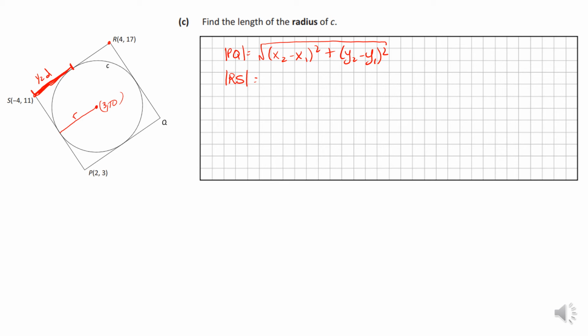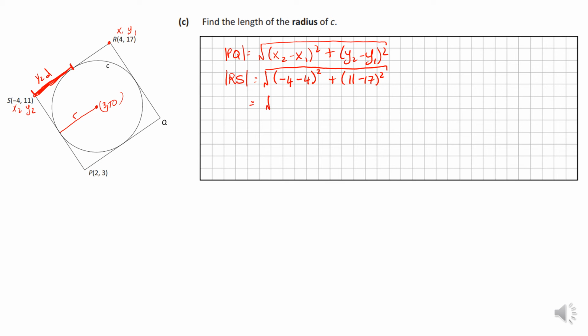Okay, so I'm going to label my points here. Let's call R x1 y1, and let's call S x2 y2, and let's put in the numbers. So instead of x2 I have minus 4, so that's minus x1, that needs to be squared, plus y2 was 11, take 17, and that needs to be squared.